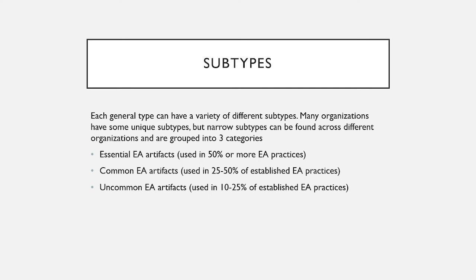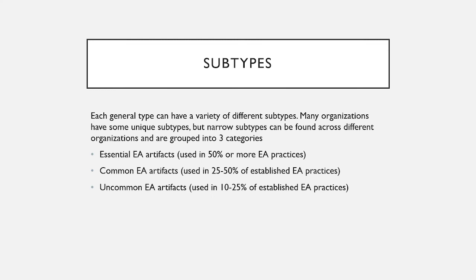And the last one, uncommon EA artifacts, used in 10 to 25% of established EA practices. These are like the rares of artifacts. They all fall under the big 6, but they sort of serve niche roles within the big 6 that differentiate them, and the uncommon ones are the ones least found.